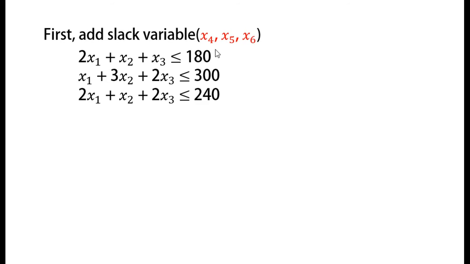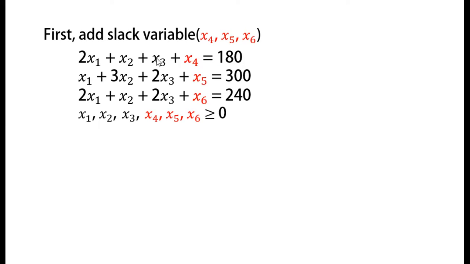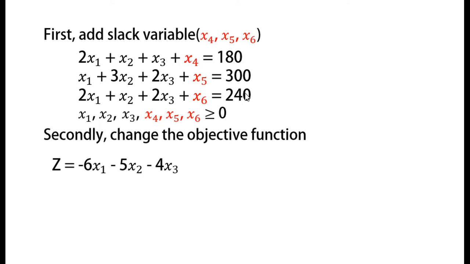In this case, x4, x5, x6. We add all these variables, and these x4, x5, x6 are also larger than 0. And then we need to change our objective function by rewriting the inequality.